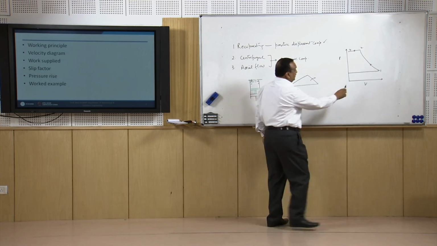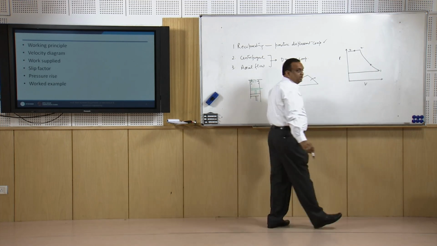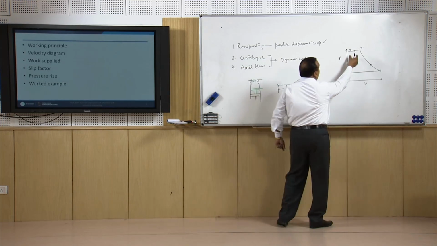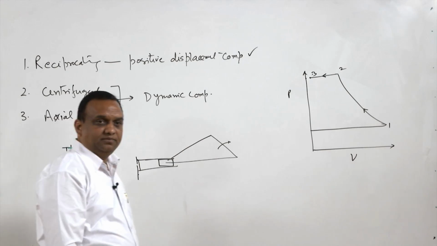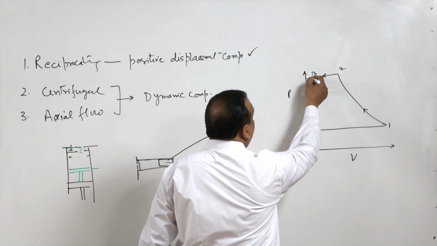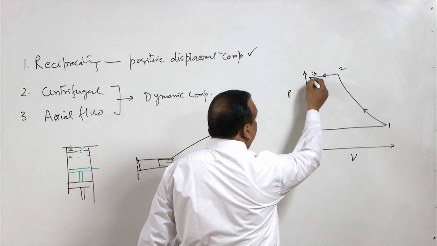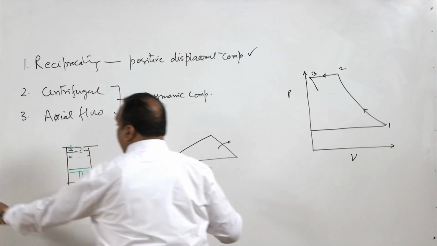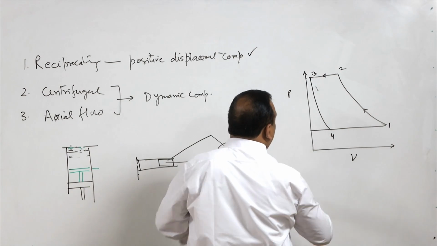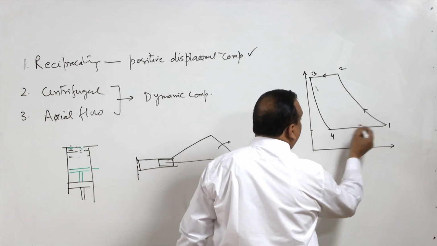So, up to this is the entire stroke 1 to 3. For part of the stroke the system remains a closed system, and for part of the stroke the system becomes an open system. At the top dead center, the outlet valve is closed and inlet valve is open, but because the pressure is high, the gas available at state 3 is expanded to state 4, and from state 4 the suction starts.